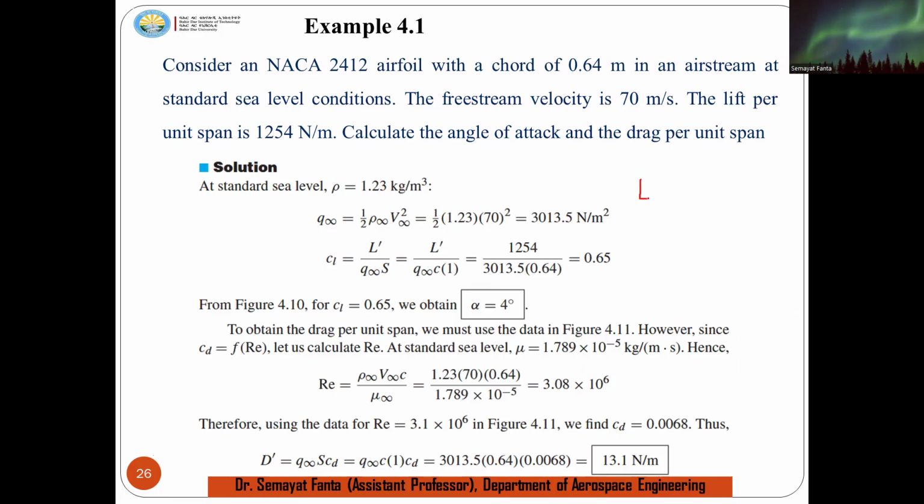Lift per unit span L prime is equal to the dynamic pressure Q times C times CL.